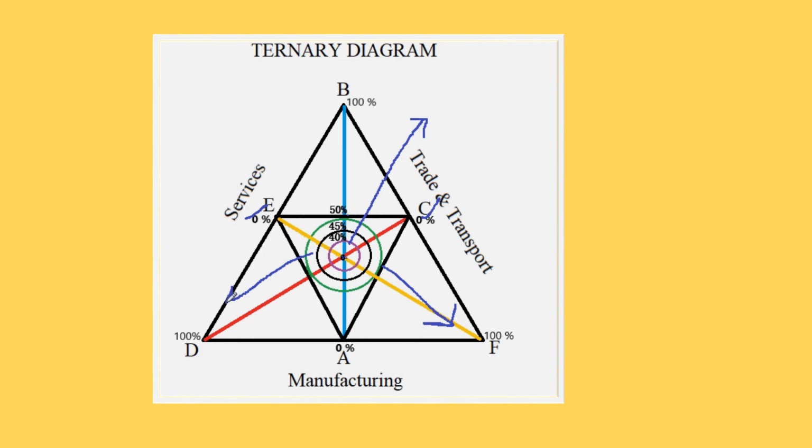So with the help of the ternary diagram, according to your own data, you can plot it and you can draw it and you can interpret it and you can divide the zone according to your database and data range. And the zero point, the origin point of the ternary diagram, is the zone of symmetry in between the three components of the ternary diagram.